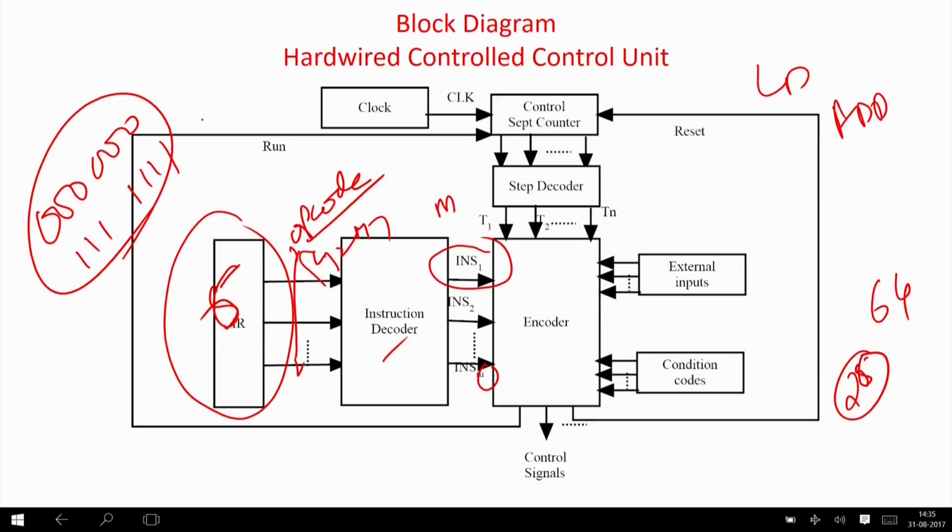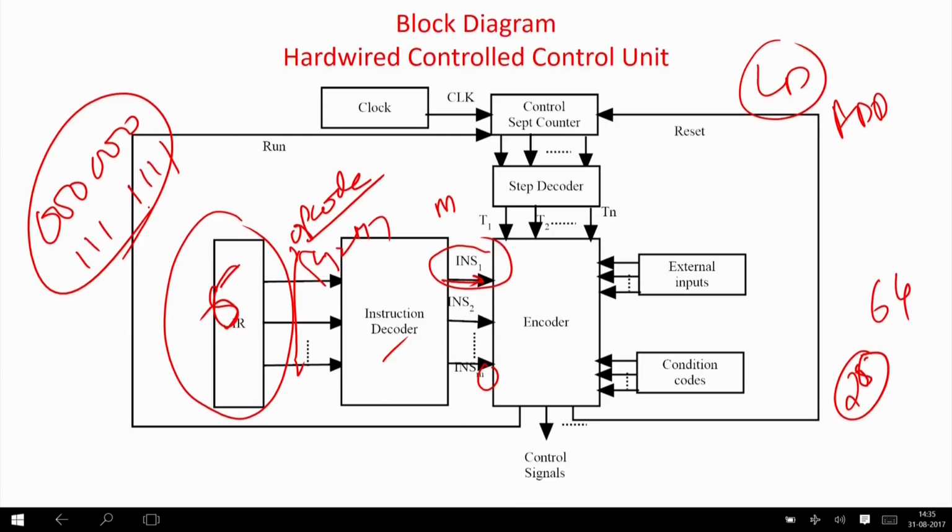This is a decoder. Any 1 bit out of the 64 outputs will be a 1, which will correspond to the finite state machine for that macro instruction. For example, for load maybe the opcode is all zeros. In fact, it will first make this bit 1 and INS1 will invoke the finite state machine corresponding to load.